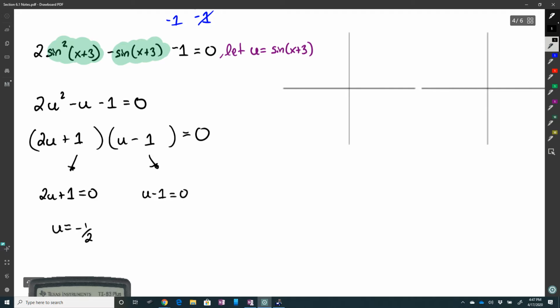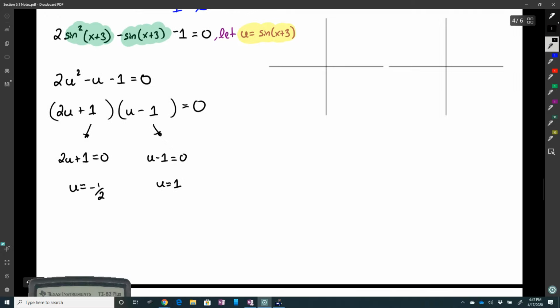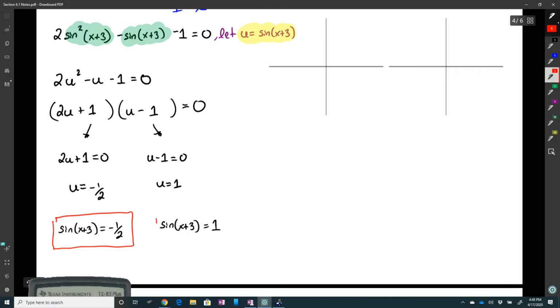So u is negative half, and u is equal to 1. But now I replace u with what it is. U is sine of x plus 3. So sine of x plus 3 is negative half, and sine of x plus 3 equals 1. So that's what makes this problem different. Here are my 2 separate problems to solve. The algebra is pretty much done. Now all that's left is the trig.